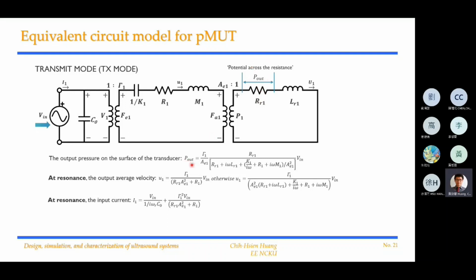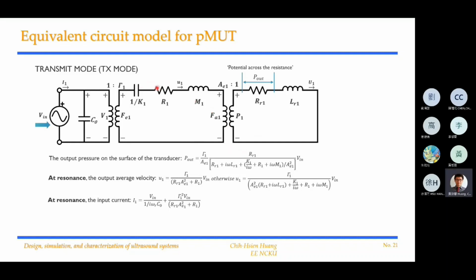So P out here is, if you go from V in, you multiply V in by gamma 1 and go to this side, and you have two ways to do it. One is to calculate your mechanical velocity by dividing by U1 with all of those. The other option is to do a partial voltage difference, right?